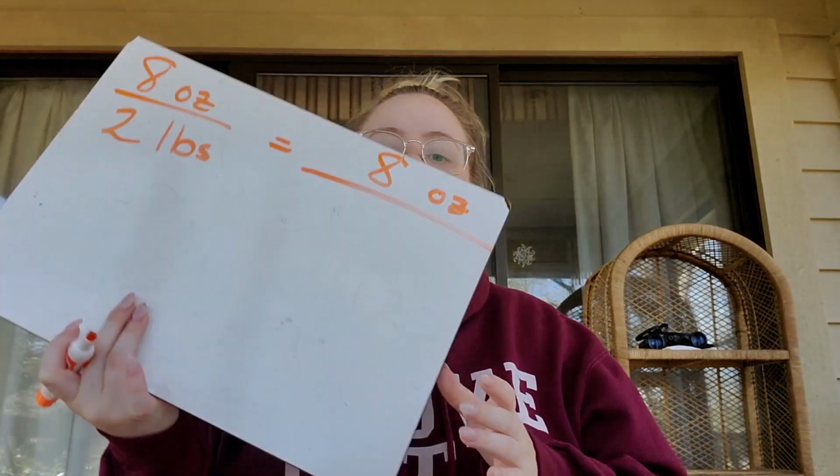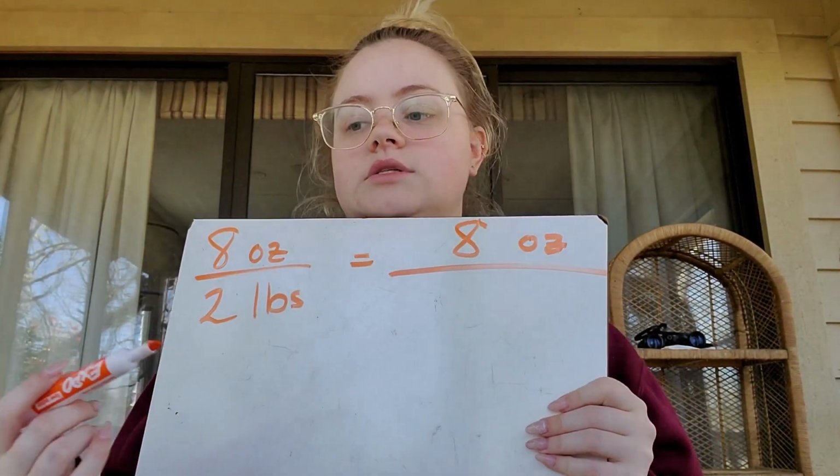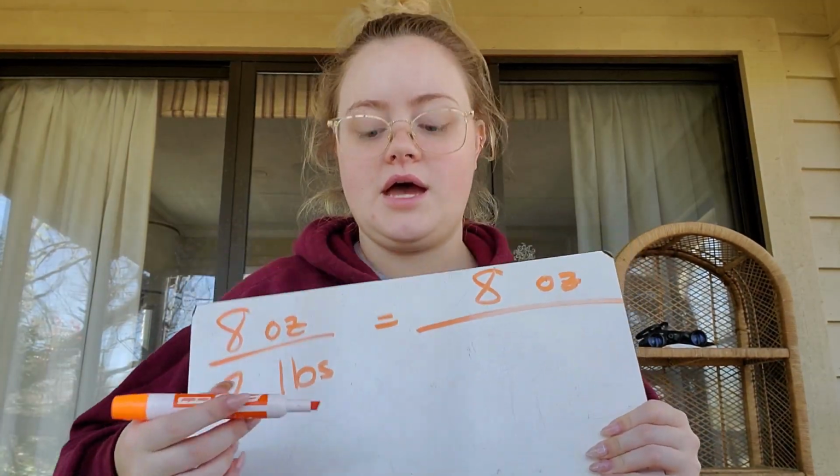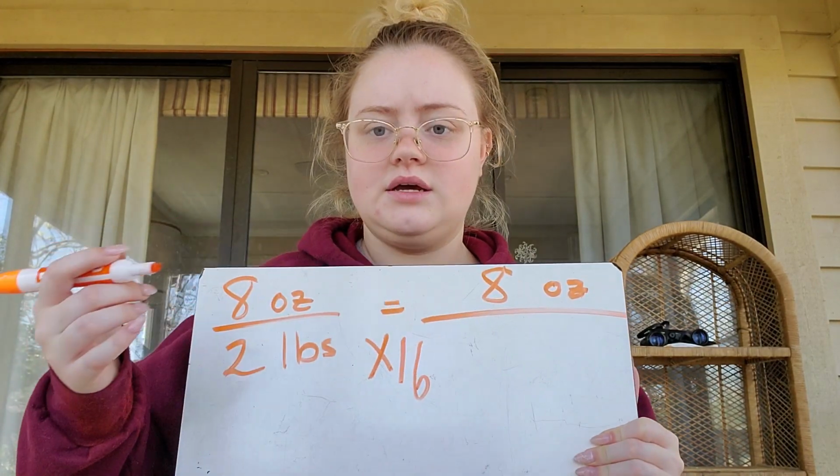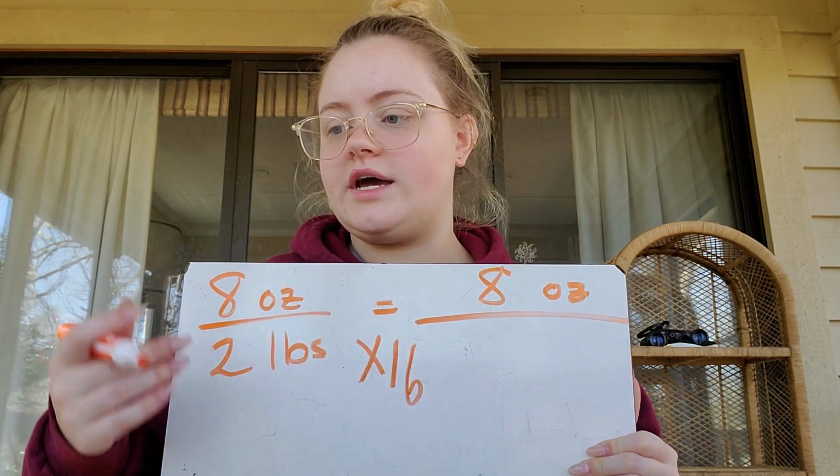So 8 ounces is already in ounces, so it's going to stay the same. I need to take 2 pounds and convert that to ounces. There are 16 ounces in every pound, so I need to multiply this by a factor of 16. And 2 times 16 gives me what? 32 ounces.